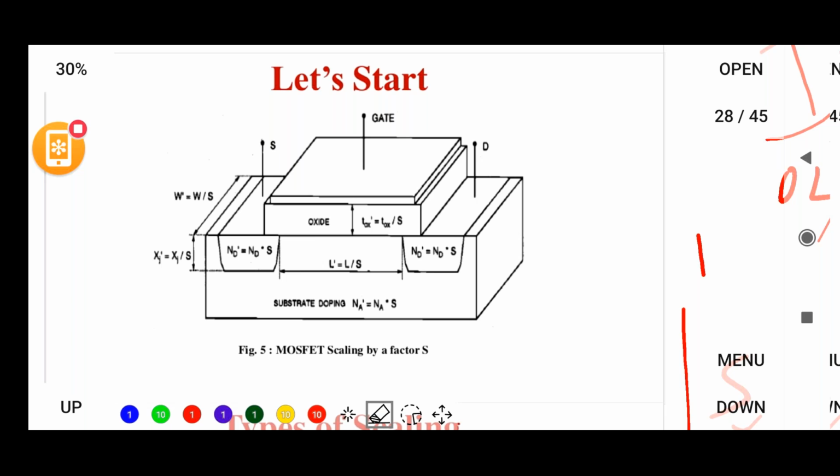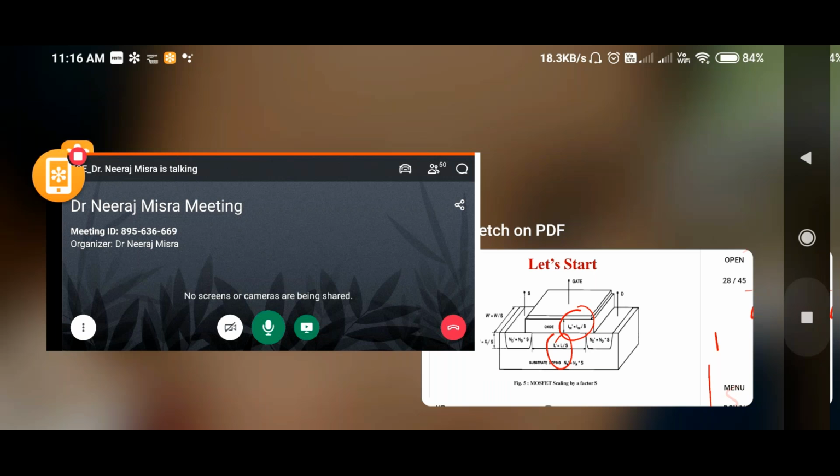But what information have I shown in this slide? If your oxide thickness is reduced, and your effective channel length is also reduced, then the most important point is your doping density on both sides.